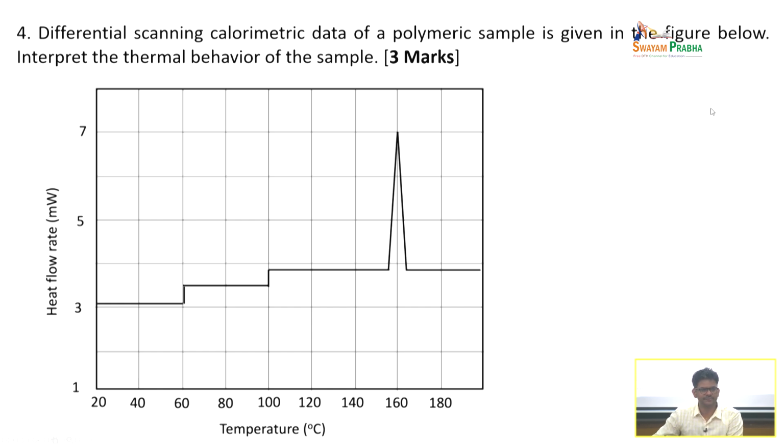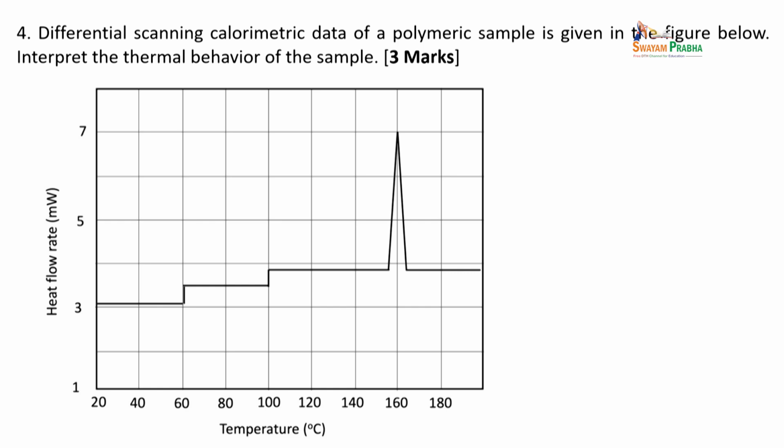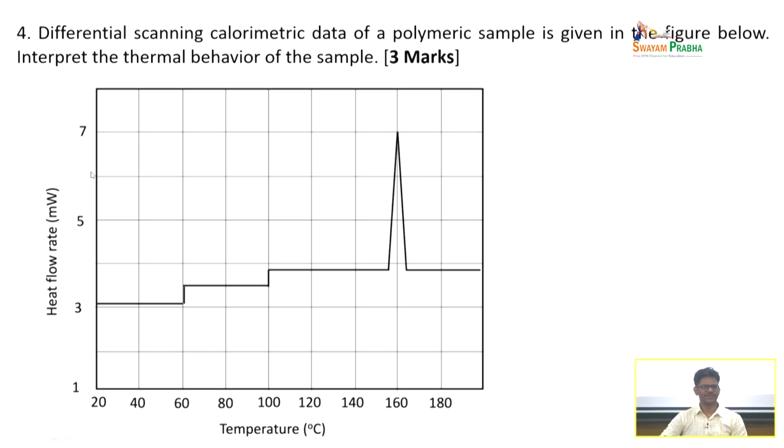What about this one? What answer did you write? What is the interpretation of this data? First spike is, sorry, what?